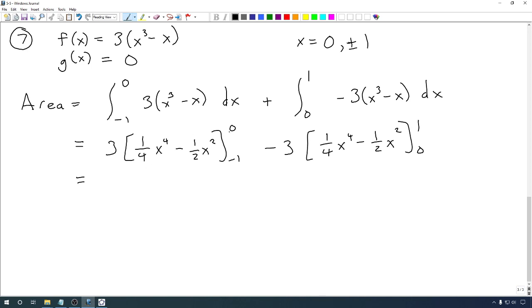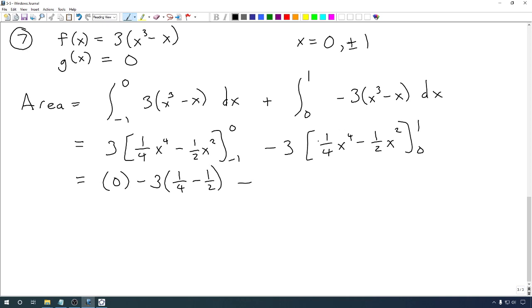So now, first we plug in our top limit, our 0. Of course, that just gives us a 0, so it doesn't really do much there. Then we subtract what we get when we plug in -1. So minus the 3 times, when we plug in -1, well, this actually is a 1, and this is a 1. The even power gets rid of that, so we have a 1/4 minus 1/2.